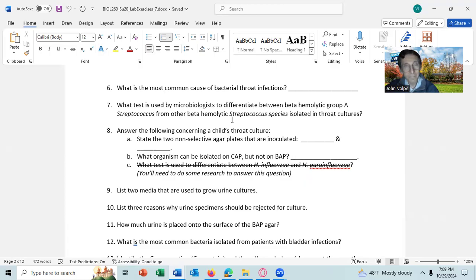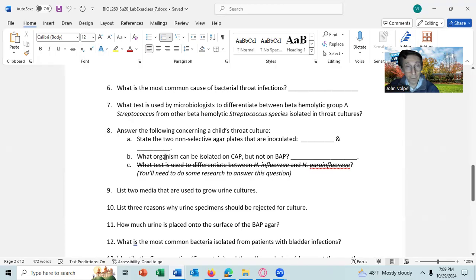cocci. On 8A, answer the following concerning a child's throat culture. State two non-selective agar plates that are inoculated to grow a child's throat culture. One here and then one there.